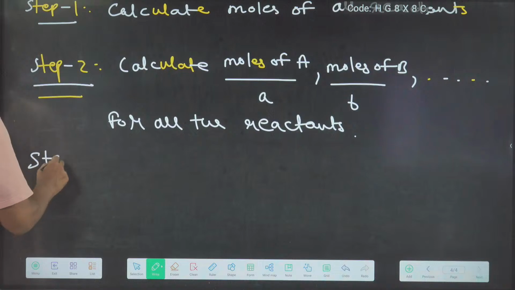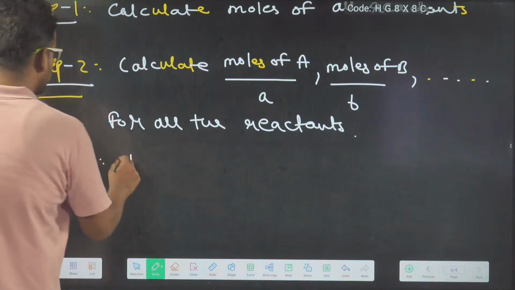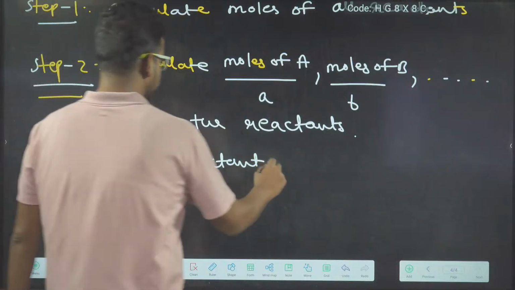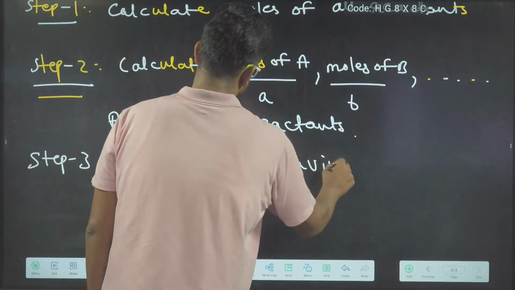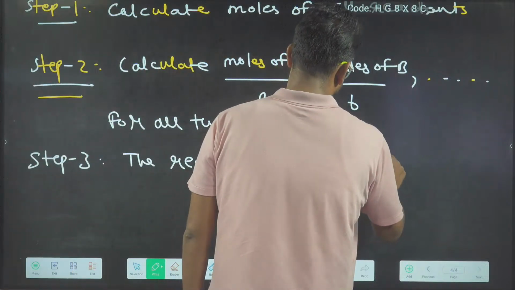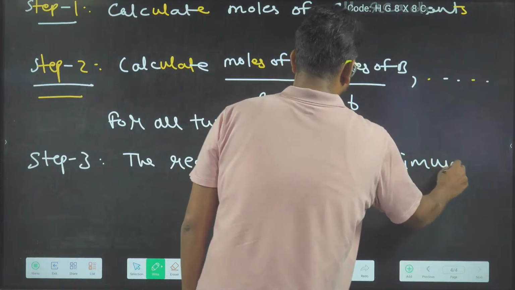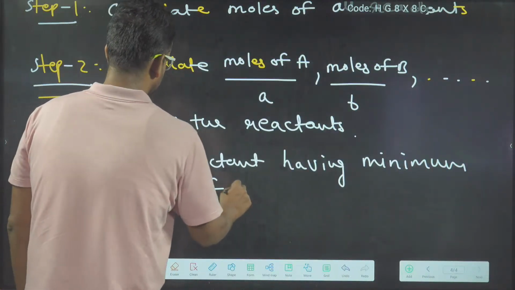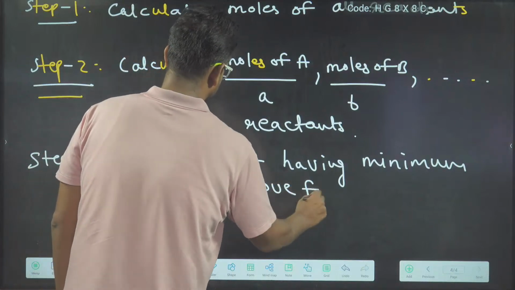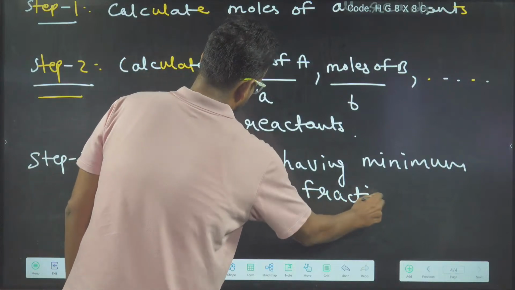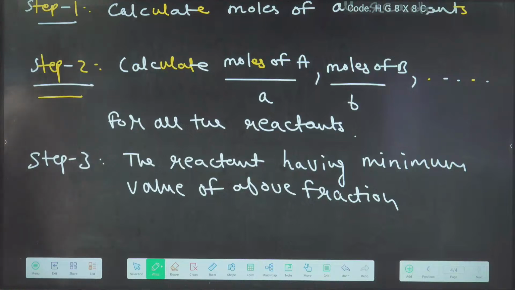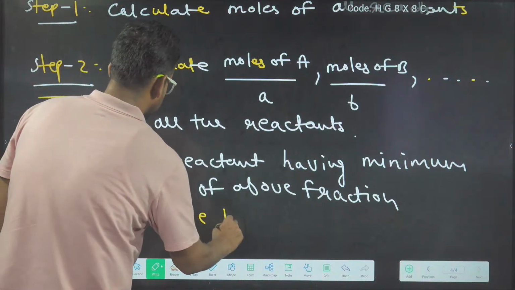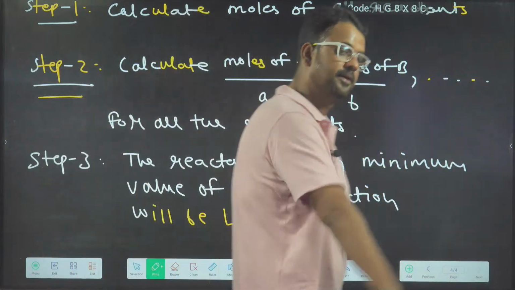And step 3 is the reactant having the minimum value of the above fraction will be the limiting reagent.